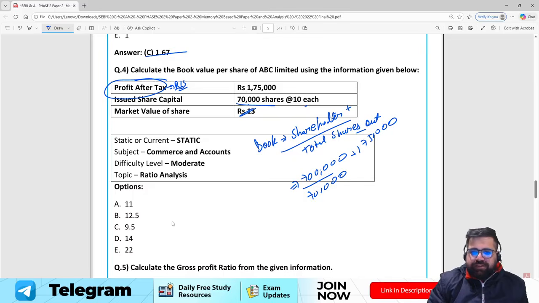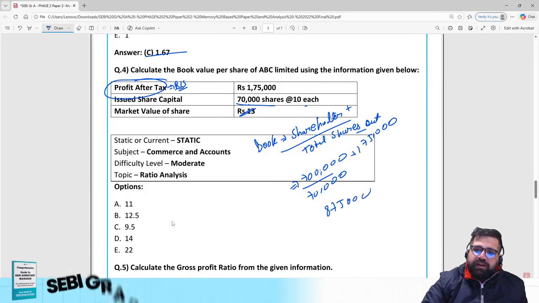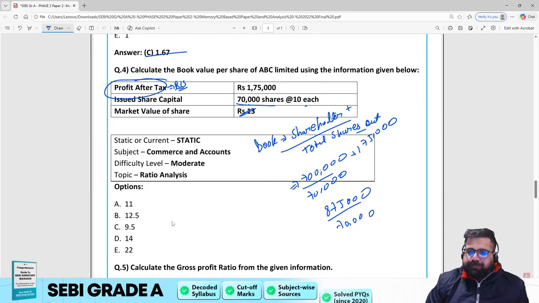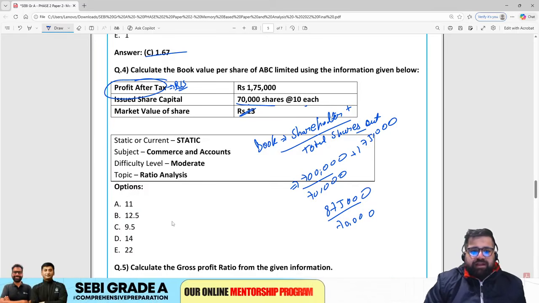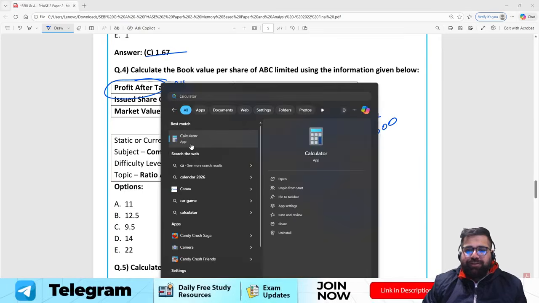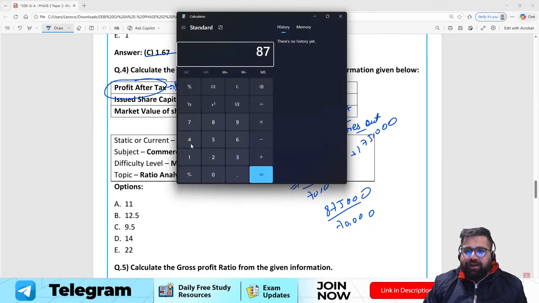So if you do the calculation for me, it will be what? 875 in the numerator divided by 70,000. 7 lakh plus 175 divided by 70. Your answer, if I'm not wrong, will come out as what? Let me open my calculator because I'm not that good in mathematics.